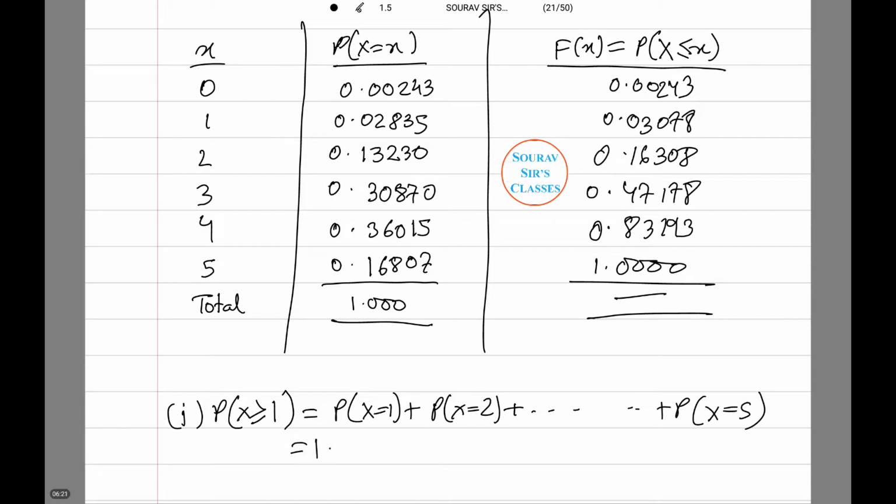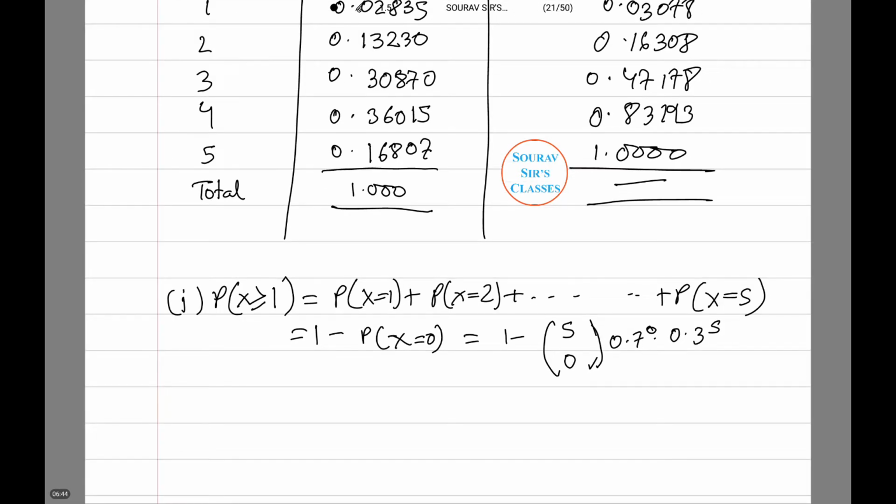This equals 1 minus probability X equals 0, which equals 1 minus 5C0 into 0.7 to the power 0 into 0.3 to the power 5.